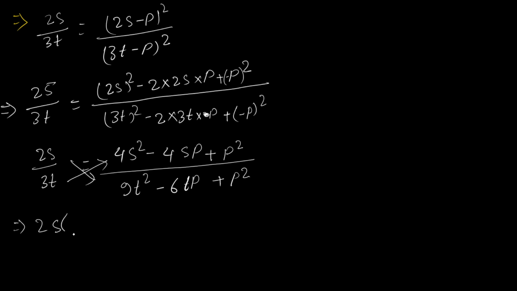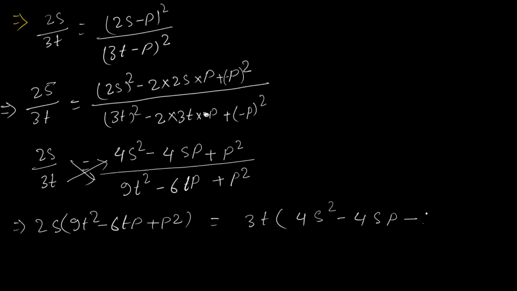Now 2s multiplied by 9t square minus 6tp plus p square, equal to 3t multiplied by 4s square minus 4sp plus p square.